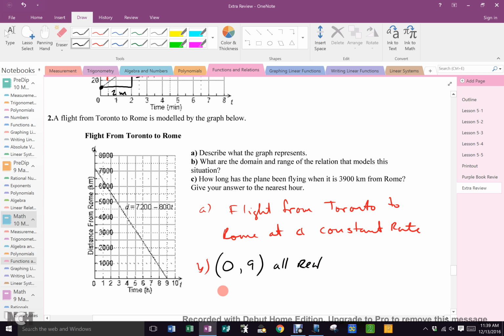And the range, 0 is included. Oh, these should have been square brackets. Sorry, guys. Square brackets. 0 to 7,200. All real. That's the domain. That's the range. And when I've been flying 3,900 kilometers, I go straight across at 39, and I come down here, and it's about 4. It's B, C, 4 hours.